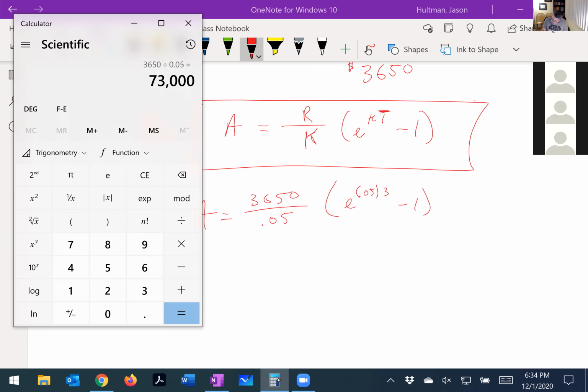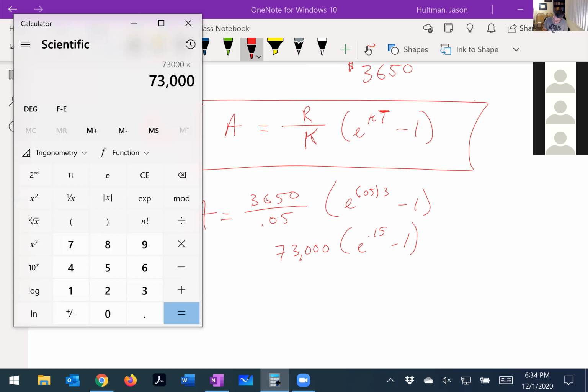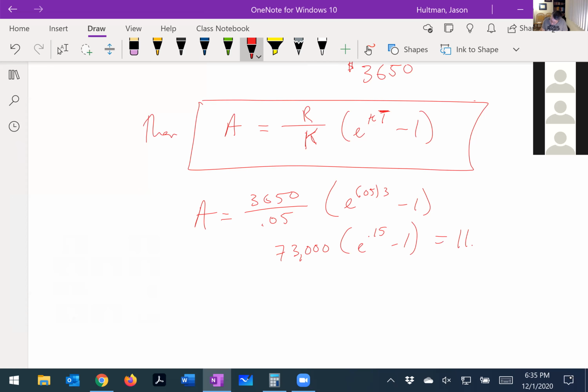So this is 73,000 times e to the 0.15 minus 1, equals 11,813.90. Okay, so we made more money because we're continually making interest off that.